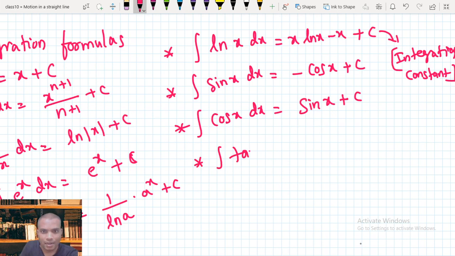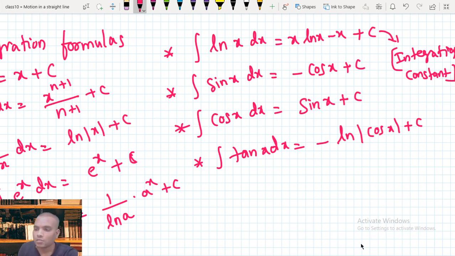Integral tan x dx equals minus ln mod cos x plus c. I am neglecting the rest for now. When the right situation comes, I can give the rest of the formulas.